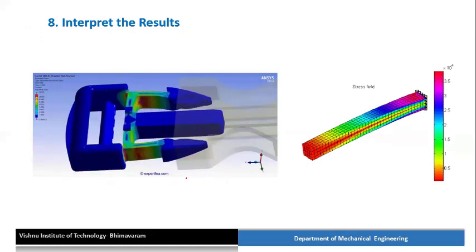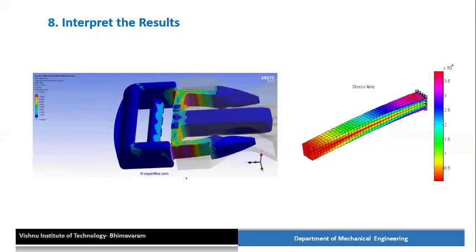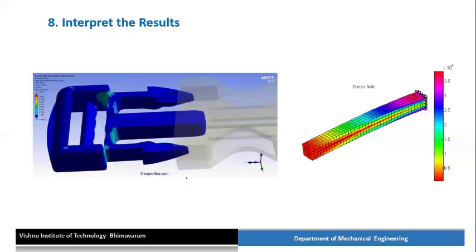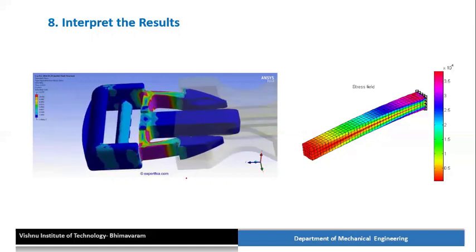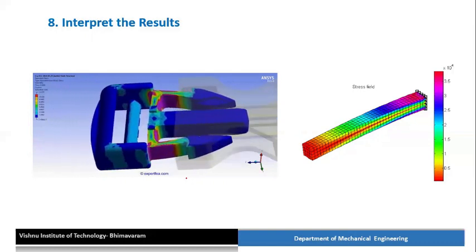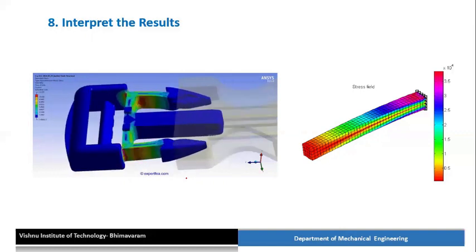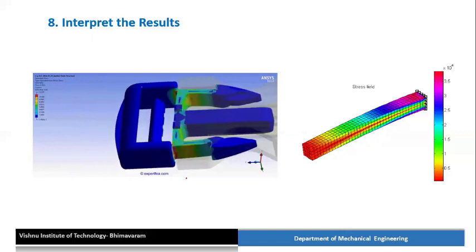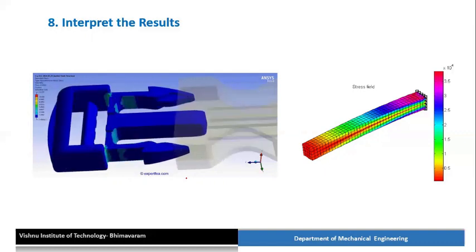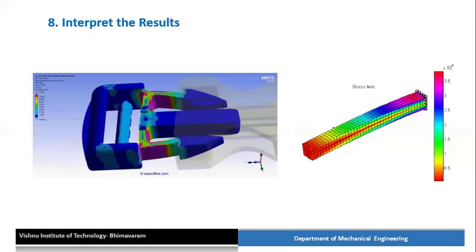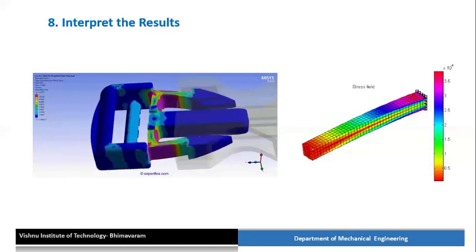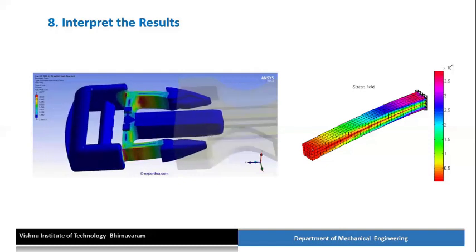Finally, to interpret and analyze the results for design and analysis purposes, determination of the locations in the structure where large deformations and large stresses occur is important in making design and analysis decisions. In this deformed diagram, the variation of colors represents where the stress is maximum and where it is minimum.